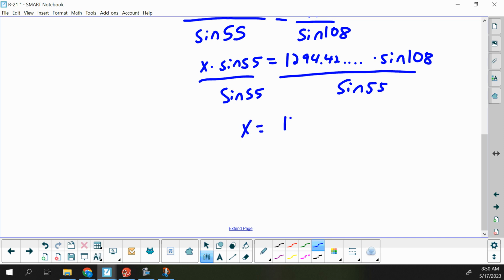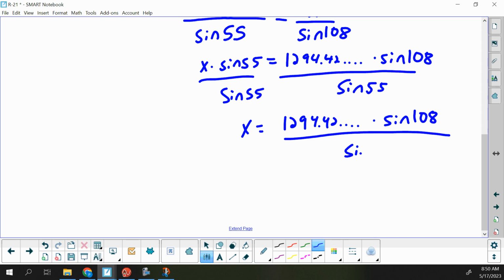So in our calculator, we should go up and select the 1294.42 and change. So scroll up, highlight that in your calculator and hit enter to bring it down. Then we'll do times the sine of 108, and then divide it by sine of 55. And we'll give you a minute to put that all in your calculator, and then note we are rounding to the nearest foot.